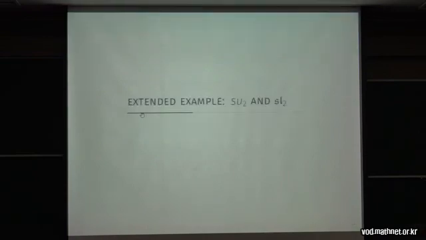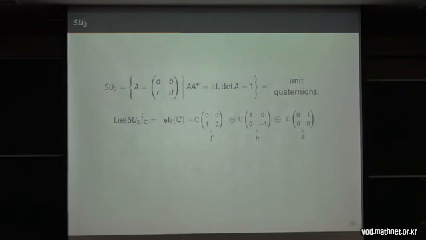Okay. So now I want to do an extended example of SU2 and SL2, kind of the bread and butter of representation theory. So SU2 is this group. It's 2 by 2 complex matrices such that A star is identity and determinant 1. So this is matrices of determinant 1 preserving a positive definite Hermitian form on a 2-dimensional vector space.